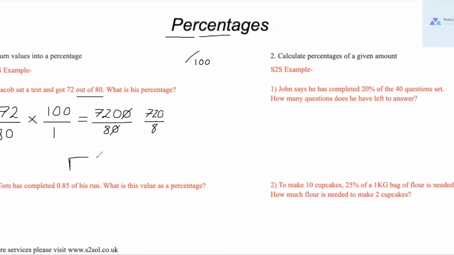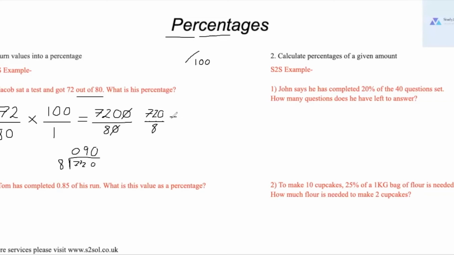And what we're going to do is 720 divided by 8. Remember, the whole reason why we're doing this is so that the fraction is over 1 to give us our percentage. So how many 8s can go into 7? This is 0. How many 8s can go into 72? This is 9. And how many 8s can go into 0 is just 0.